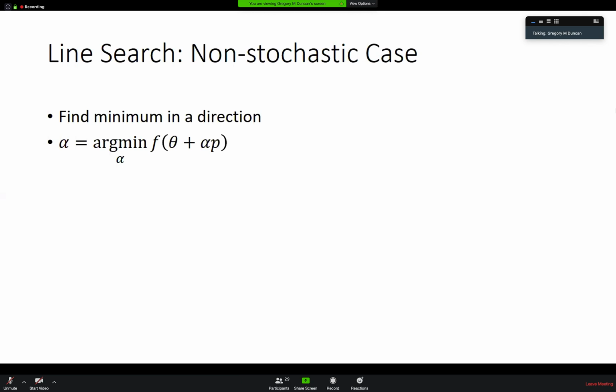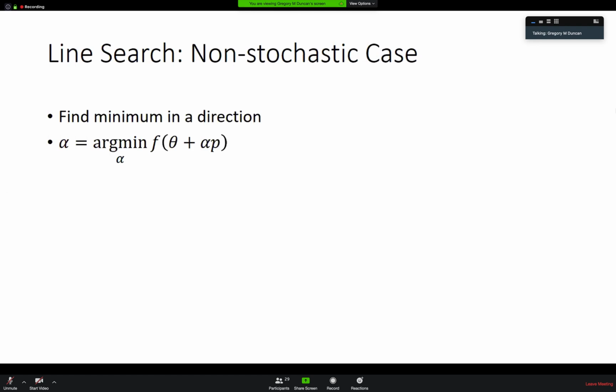Oftentimes, what will happen is the computer will say, you had a line search failure. And that means the algorithm it was using for this didn't work. Maybe you ended up in a flat spot. Even though you're convex, you're nonetheless in too flat a spot, and you don't get anywhere.